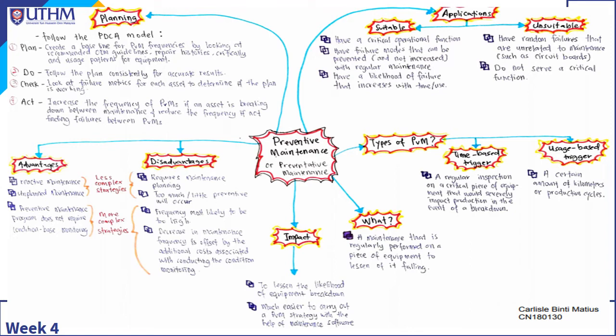It has two, which are time-based trigger and usage-based trigger. So the advantage of this preventive maintenance is that, compared to reactive maintenance, which is unplanned maintenance, a preventive maintenance program does not require condition-based monitoring.